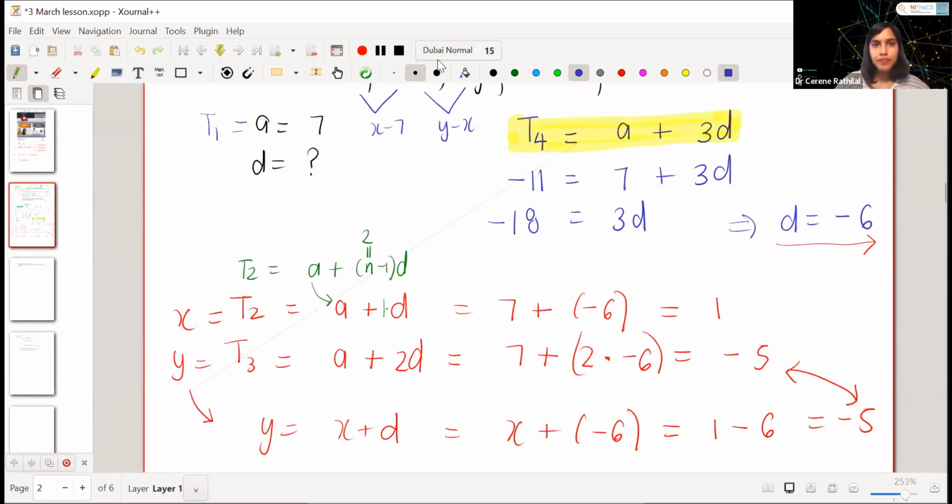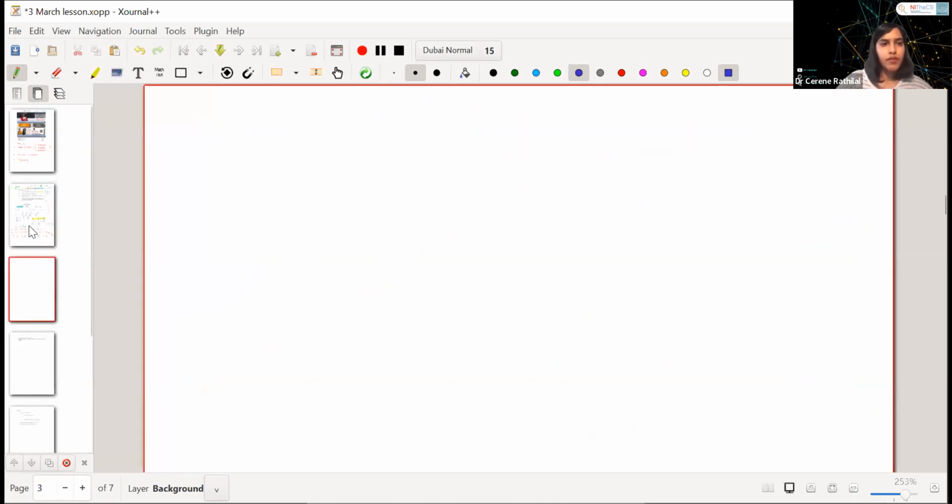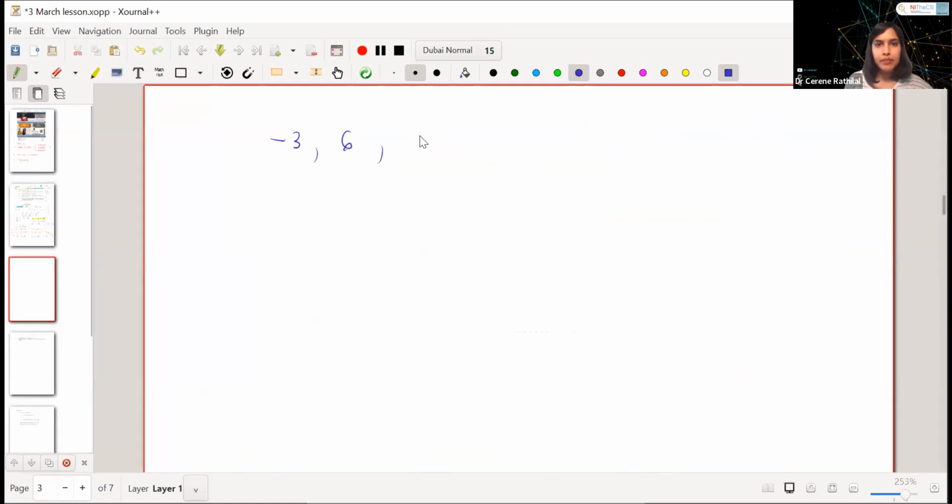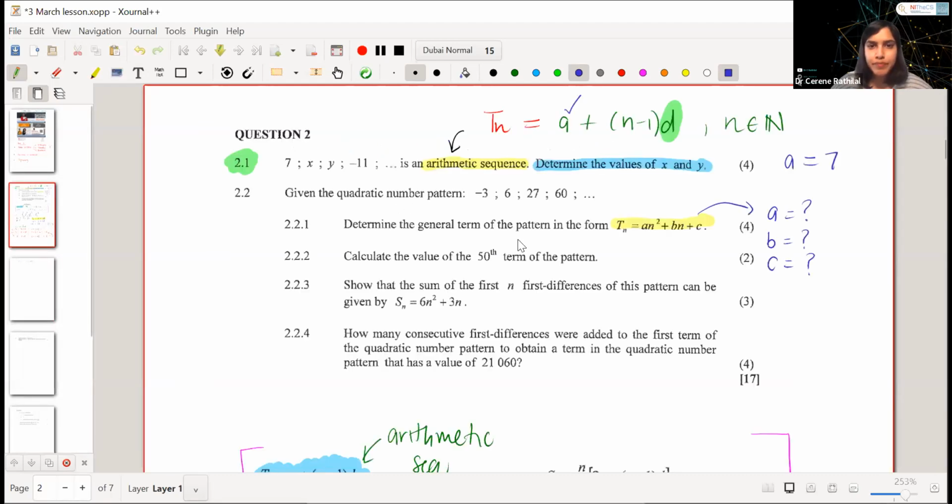Let's double check that I've taken it down correctly. Yes. So those are the terms.